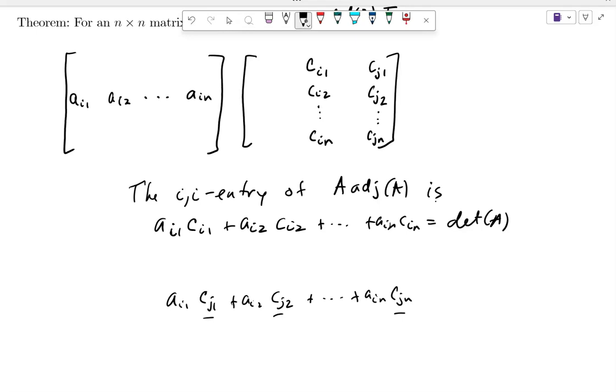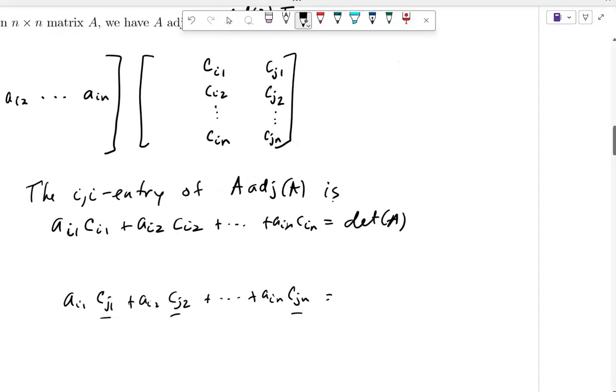So notice that we would have eliminated row j, but the row i still would have been in there, correct? Okay. So we can think of this as being the determinant. Let's say I had my a_i1, a_i2, a_in, and then I had an identical row down here.